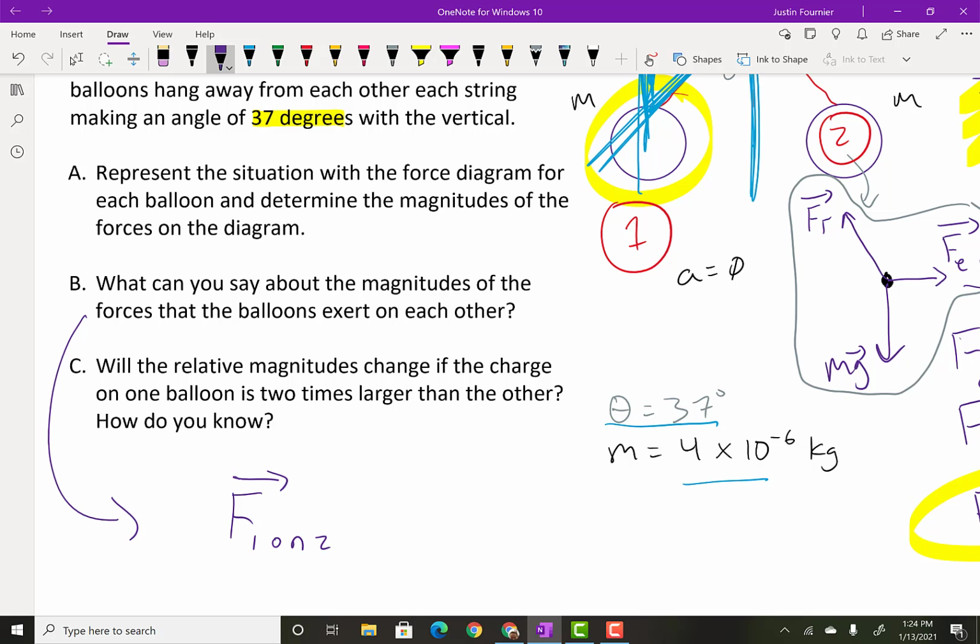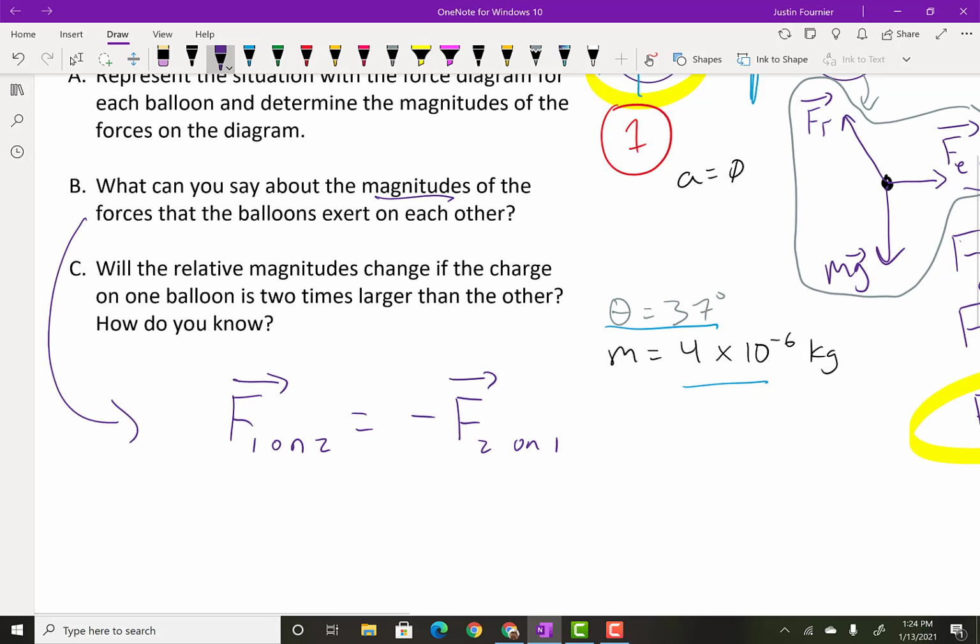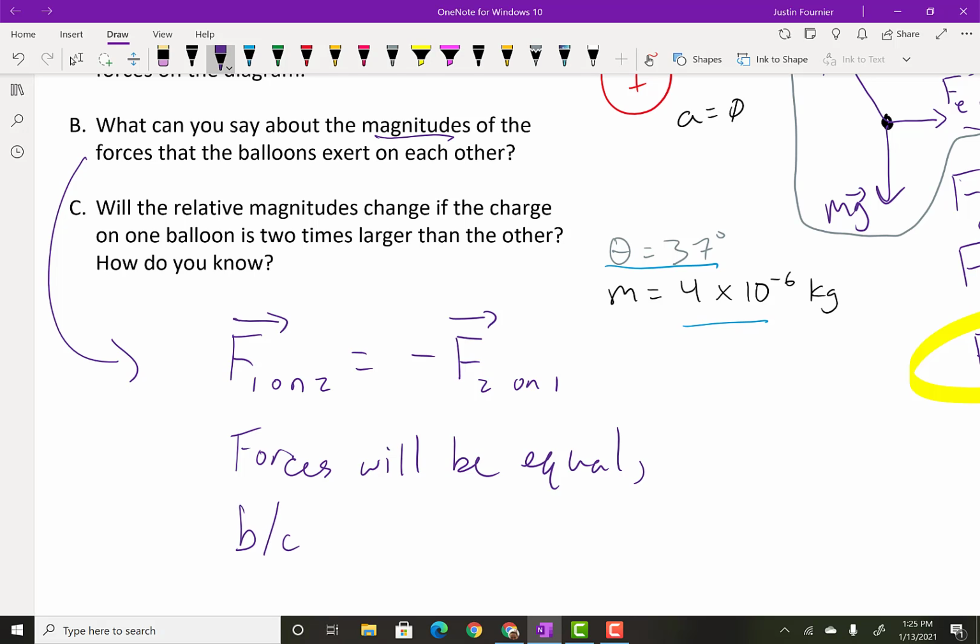So the force that object 1 exerts on object 2 is equal in magnitude but opposite in direction to the force that object 2 exerts on object 1. So in other words, the magnitude of these forces should be equal, because this is an example of Newton's third law.